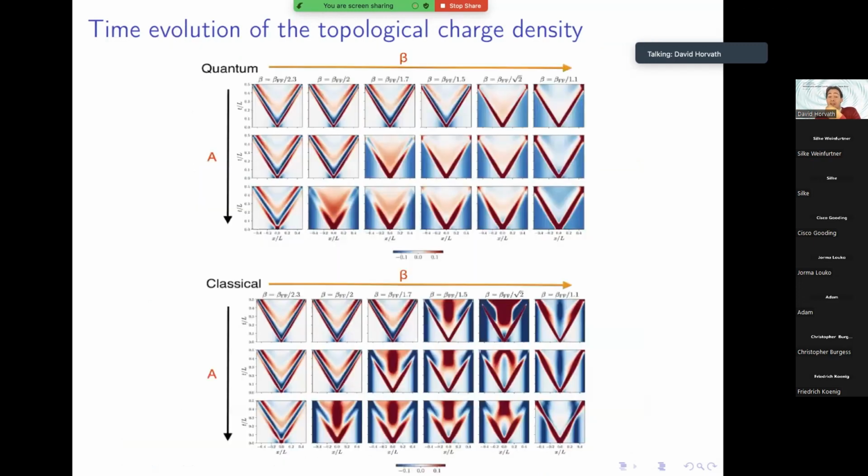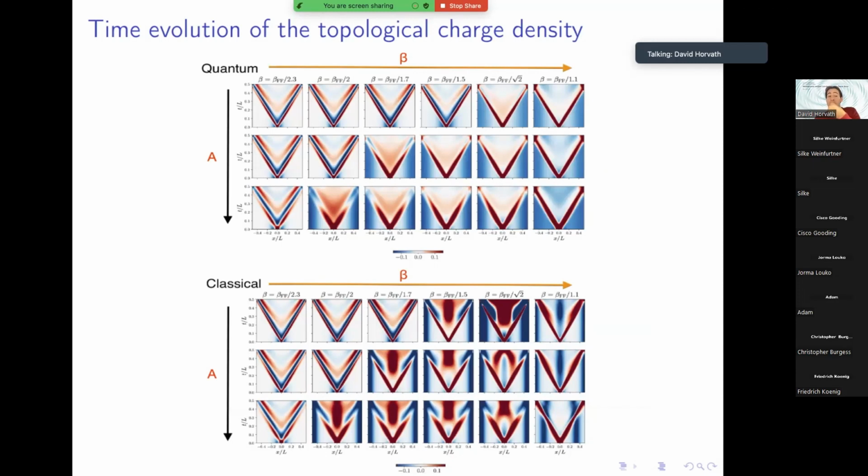The transition is there in the classical case as well. But of course, this fermionic feature exists only in the quantum theory. So you can really see that this is a quantum effect. The classical theory shows very rich structures, but it's certainly different from the quantum case. So we can also convince ourselves that what we do in the quantum model is really quantum.